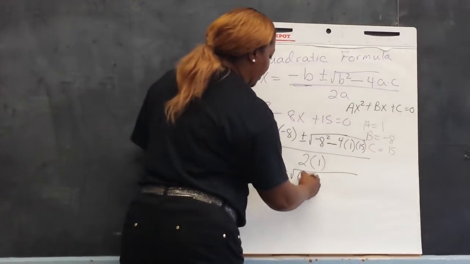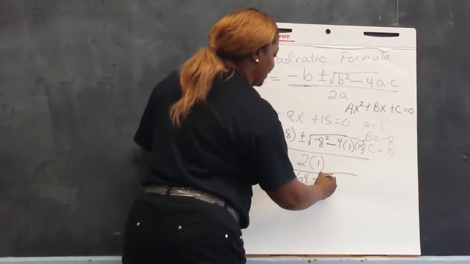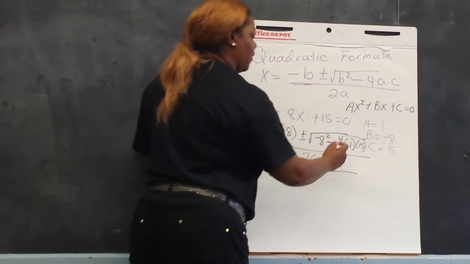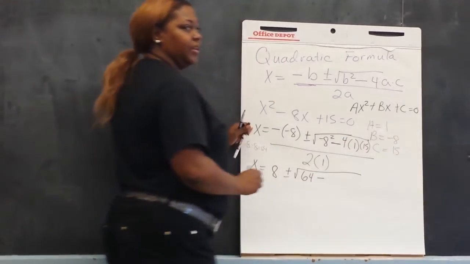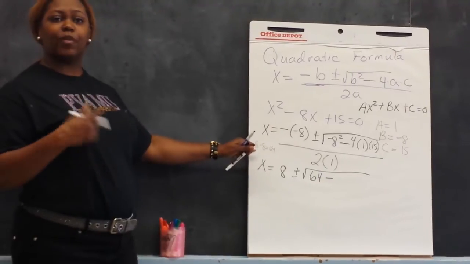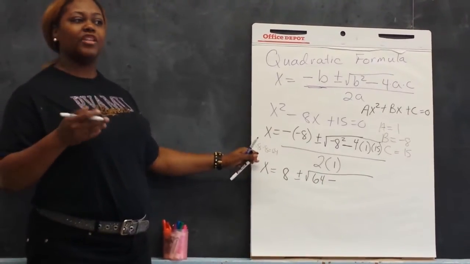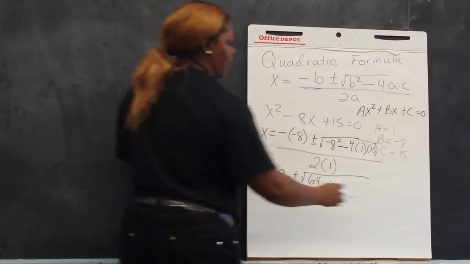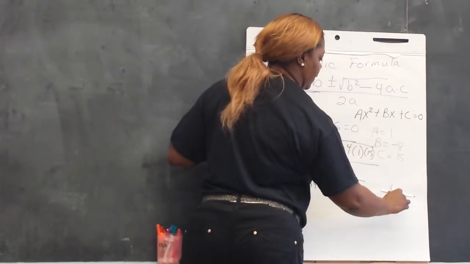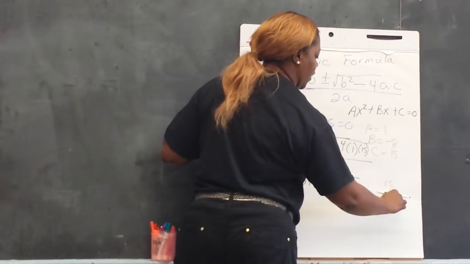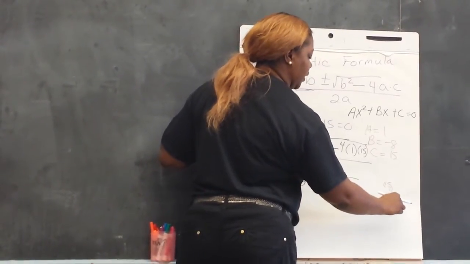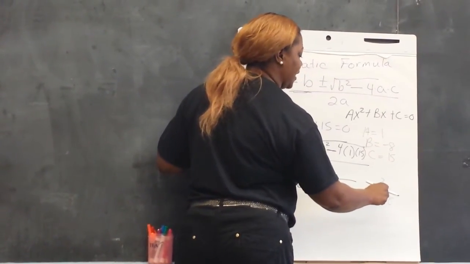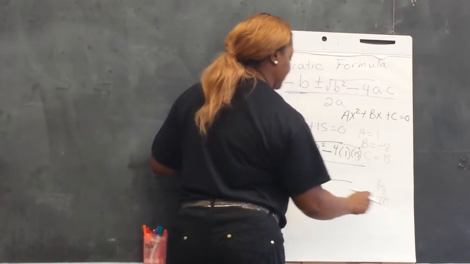So we get 64 here minus 4 times 1 times 15. Over to the side, you say, well, 4 times 1 is 4. But what is 4 times 15? 15 times 4: 4 times 5 is 20, carry the 2, 4 times 1 is 4, plus 2 is 6, so 60.